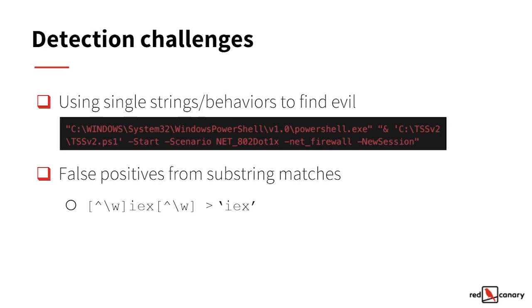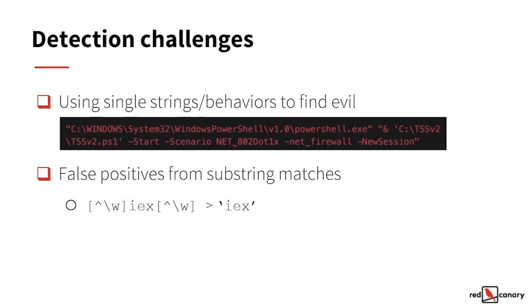And then false positives from substring matches are also something to overcome. It can happen a lot. You can have something that you think is great detection logic, like this is going to find all the evil, and it can be a combination of things.